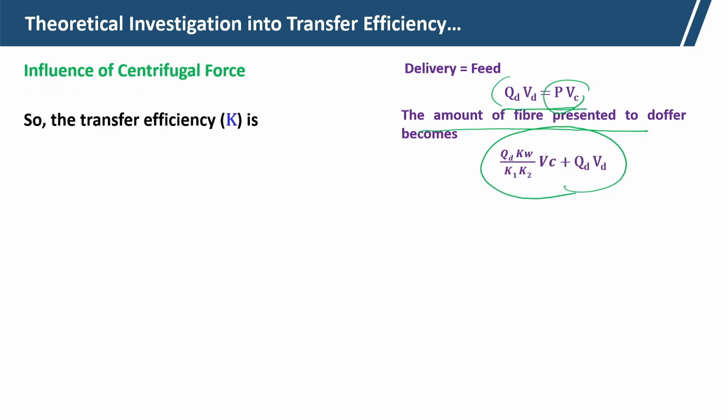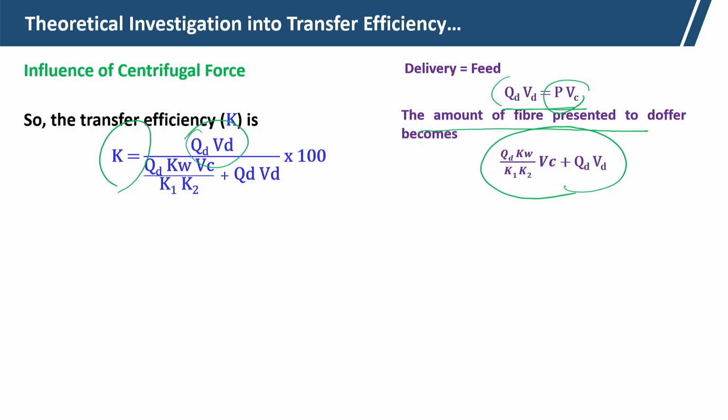So, the transfer efficiency K, overall transfer efficiency, if we see, this is the overall transfer efficiency, taking into consideration all the factors together. What is that? QD into VD, that is the total material actually delivered, divided by total material presented.